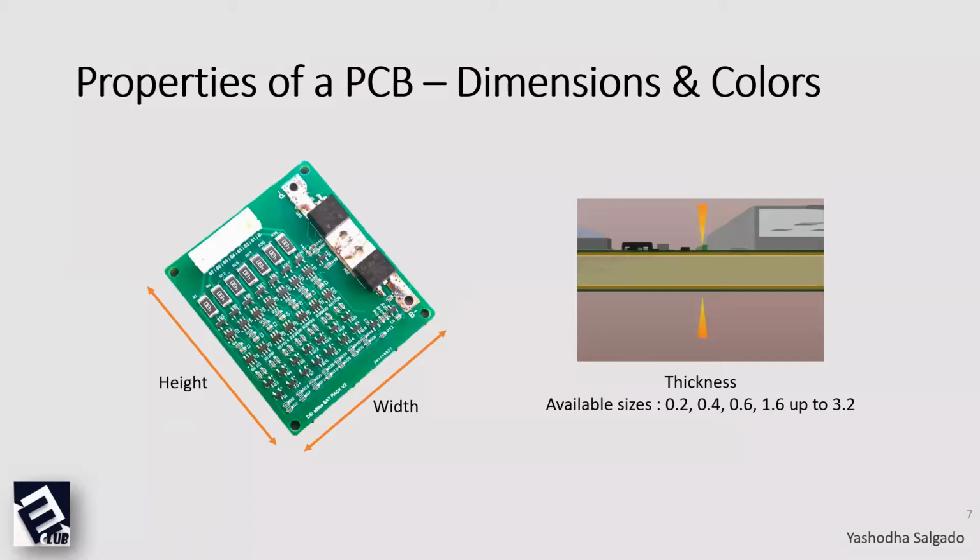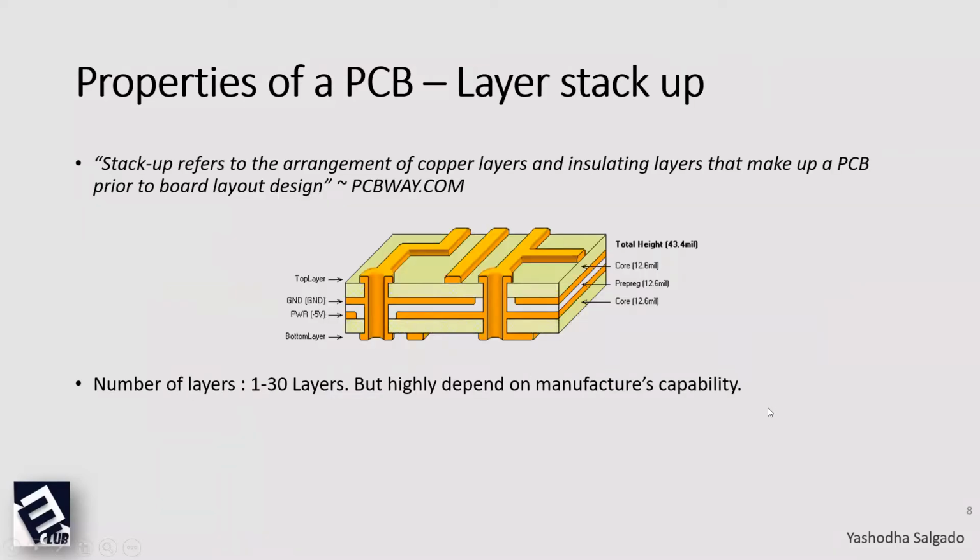If you take a 1.6 thickness PCB, you can have 32 layers as well as 2 layers. There are some special layer stack ups I will discuss later.